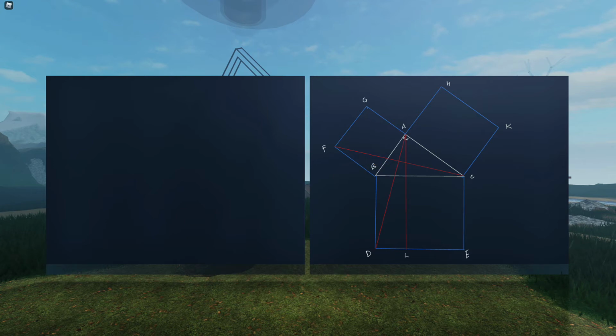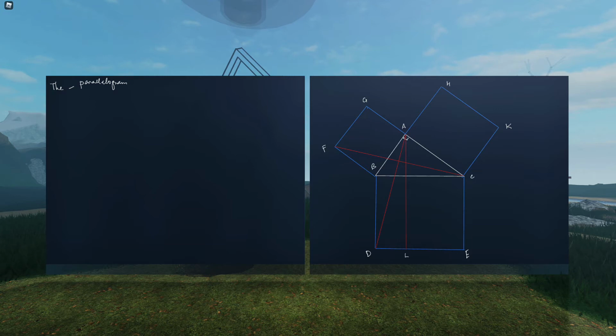We're going to use these to relate to the areas of parallelograms and squares, and show that what we claimed is true, which is that the areas of the small squares add up to the area of the big square. Okay, so carrying on. You know, I have two arguments here that are basically the same, so I'm just going to write it in the same line. So the parallelogram.